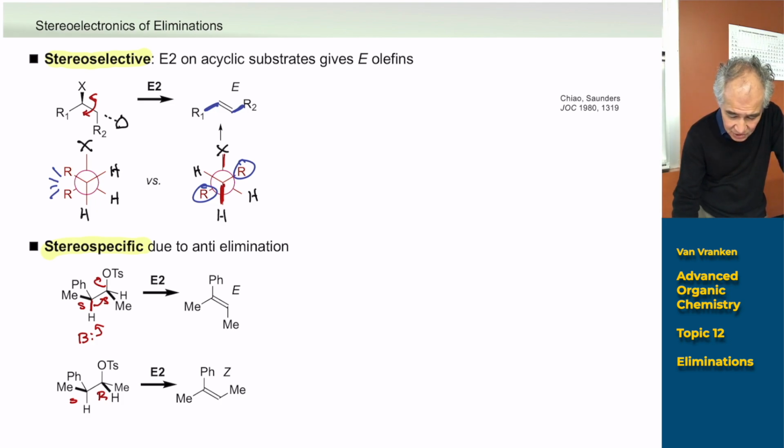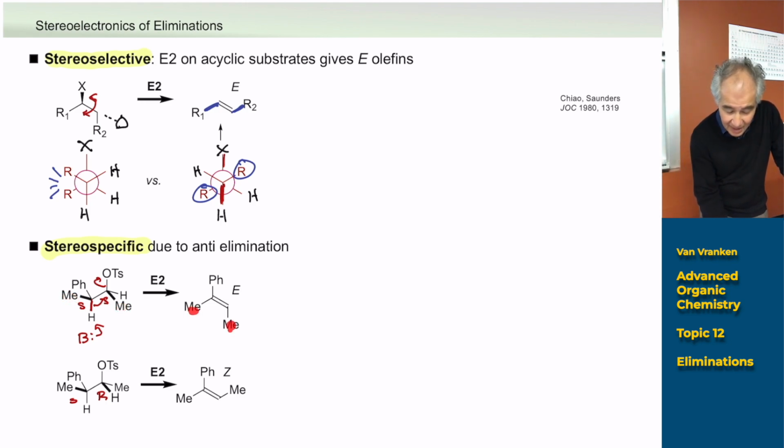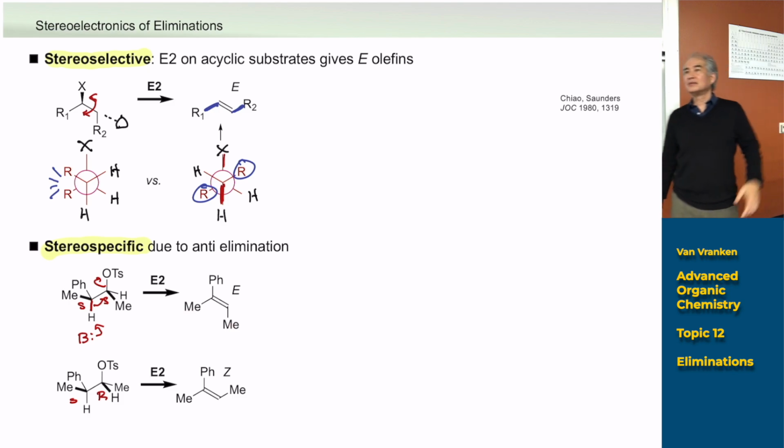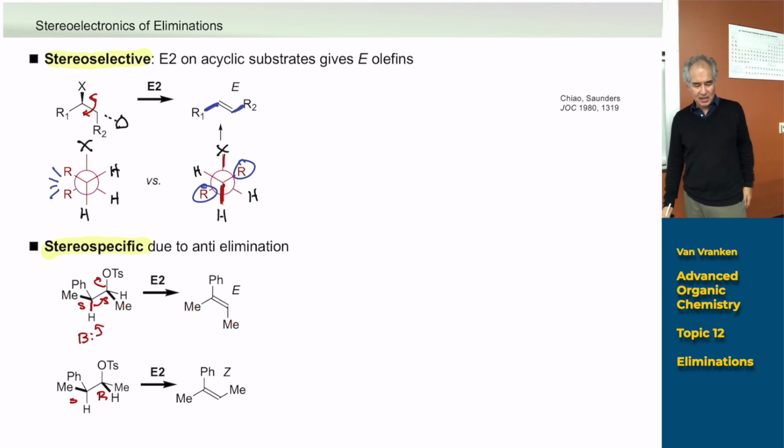Once I've drawn the H and the leaving group anti to each other, if the two methyl groups over here were on the same side, pointing out towards us, they better be on the same side in the product or I've done something wrong, right? They were above the plane of the board with bold bonds in the starting material, so they better be on the same side of that alkene when I draw the alkene product.